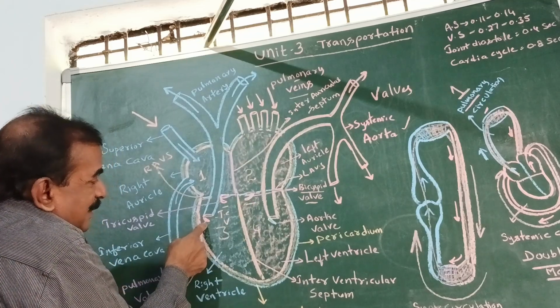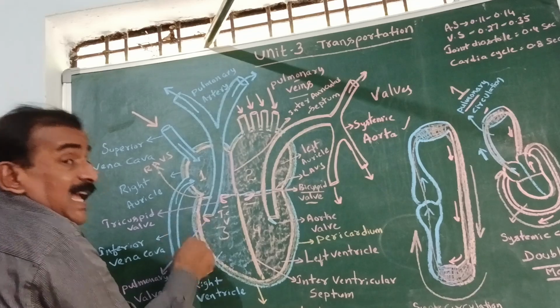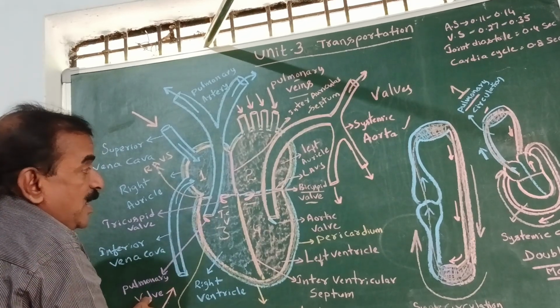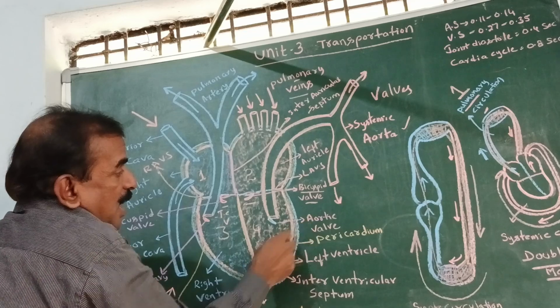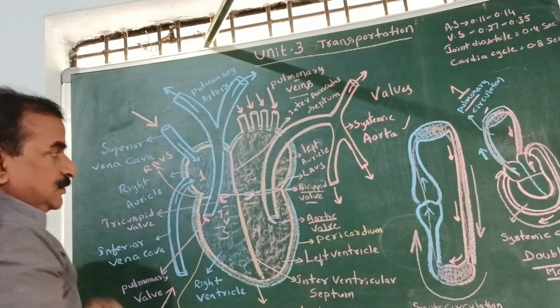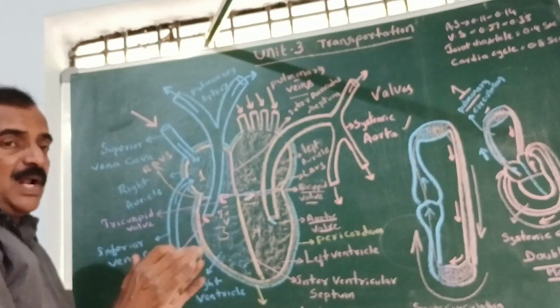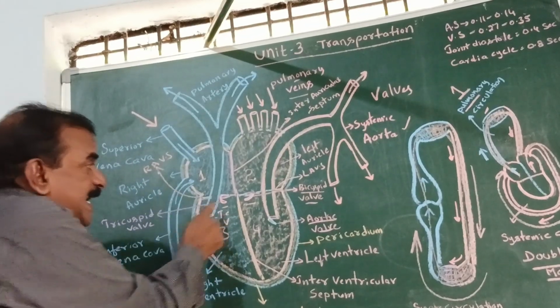Just at the region of the pulmonary artery we can see another valve, called the pulmonary valve. And at the region of the systemic aorta we can also see the presence of a valve, called the aortic valve. So how many valves are there in the human heart, in the mammalian heart? Four. What are they?